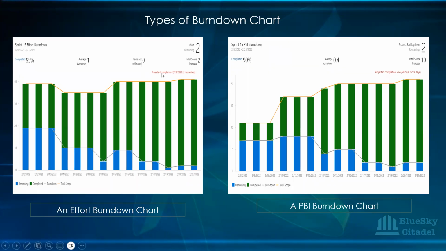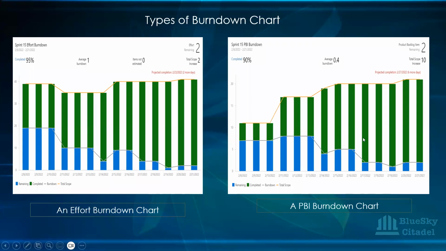But it's giving you a projection to say that for everything to be completely done, based on the pace at which the team is working, it needs 2 more days. You can see it's putting a bracket there, and it says it needs 2 more days for things to be completed. However, we do know that because the sprint has ended there, whatever is remaining there, if agreed by the PO and is still priority, will be spilled over into the next sprint.